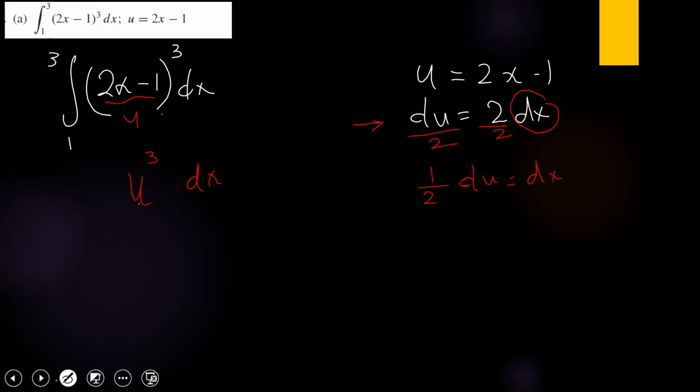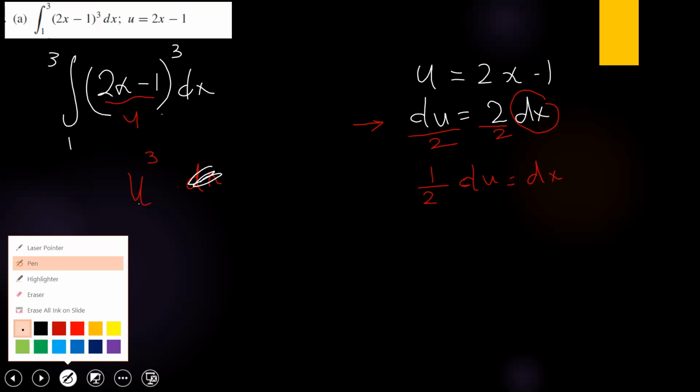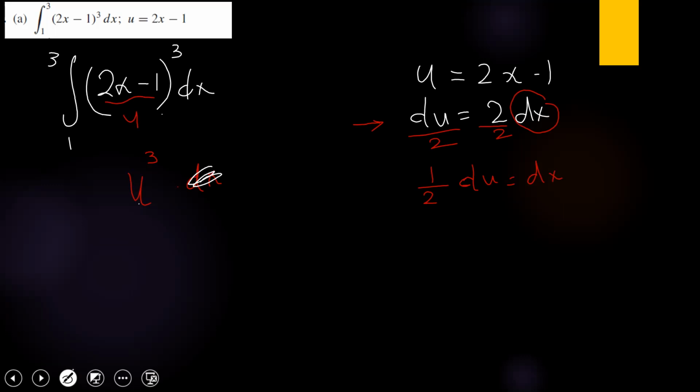So now let's clear dx and write instead of it du over 2. We can take the half outside. Then we have to find the integration of u cubic du.